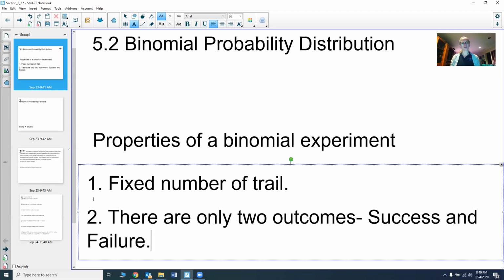So you might be flipping a coin and finding out how many heads you get, so success would be getting a head. Or you might be looking at items you're creating and counting how many defective items you have. Your success would be finding a defective item. That's not a good thing to find, but that's what you consider a success in this experiment. A failure is not getting what you wanted.